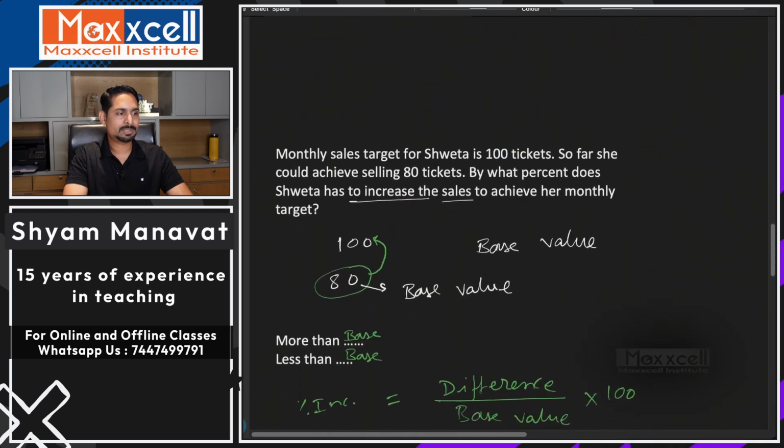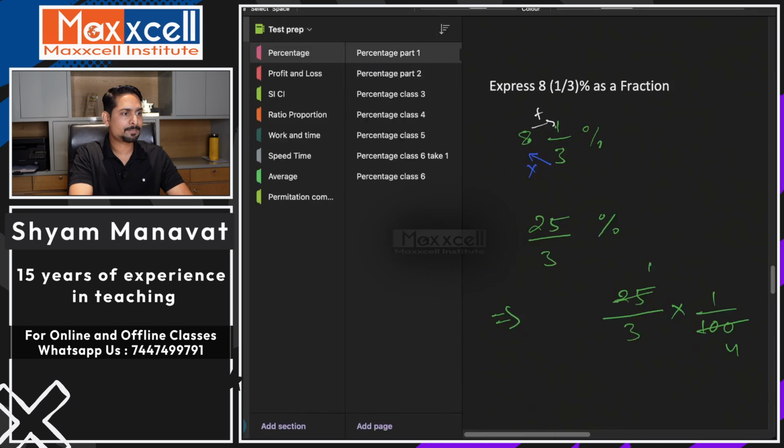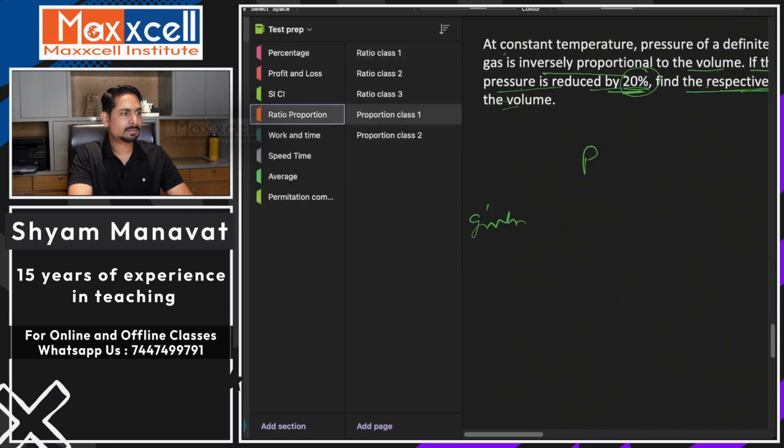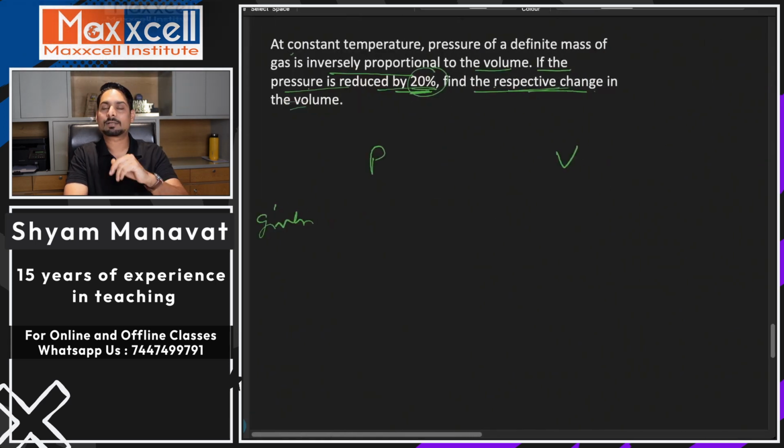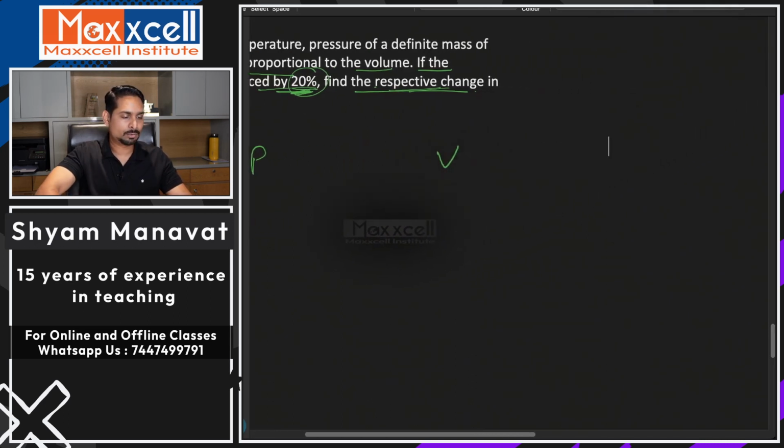So definitely if there is a reduction in pressure by 20%, then the change in the volume will also be in percentage form, right?